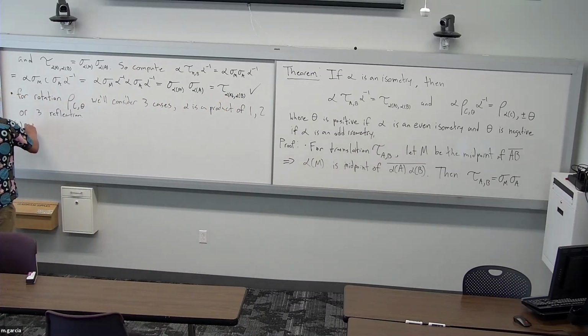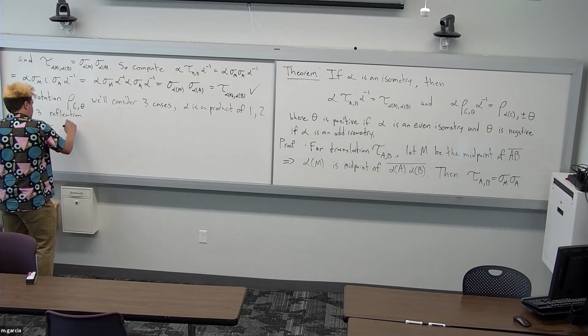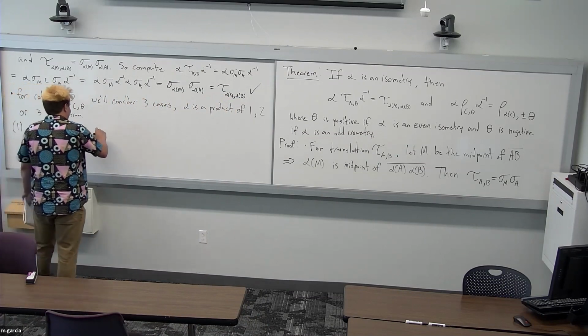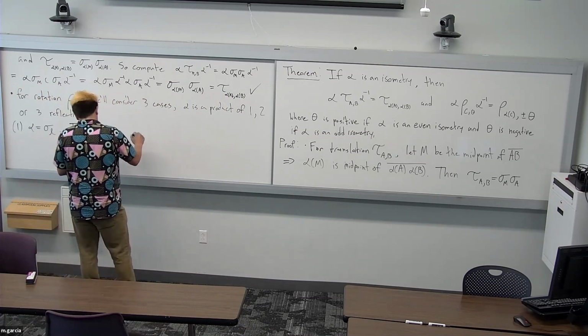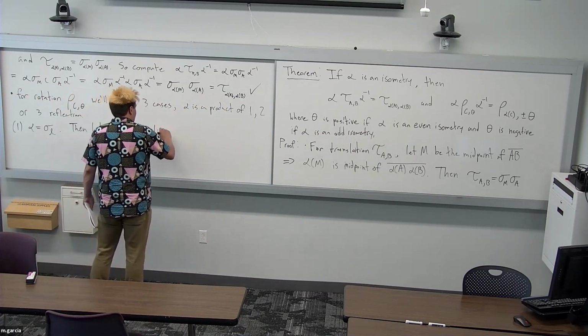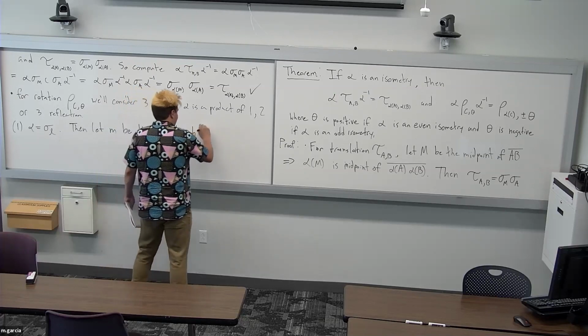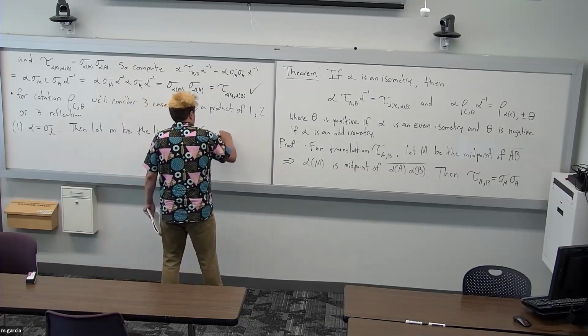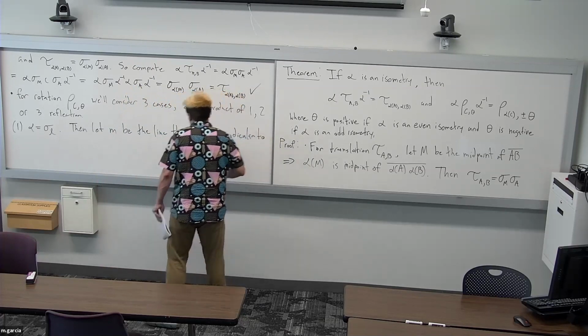Let's let alpha equal sigma sub L for some line L. Then let's let M be the line through C perpendicular to L.